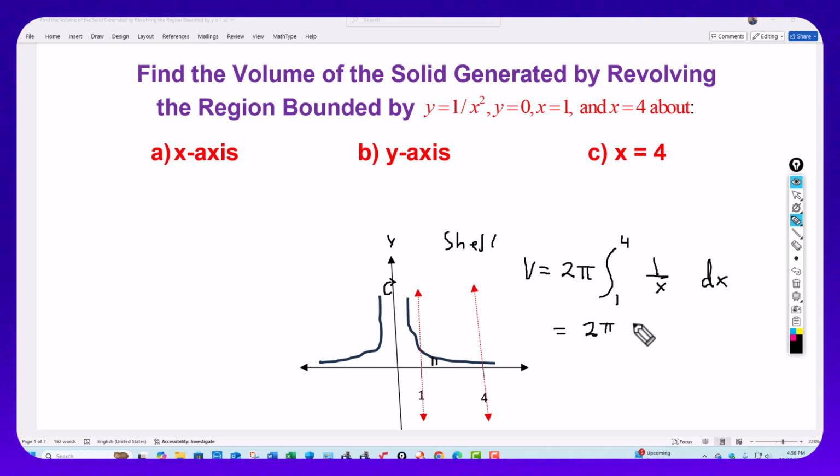This leads to the integral involving ln of absolute x. We did it with positive numbers here, so I just leave it like that. And this is going to be evaluated from 1 to 4. Evaluated at 4 will give us 2 pi ln of 4. And then subtract the value at 1.